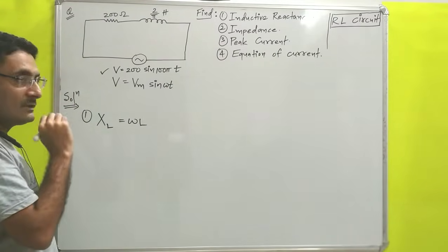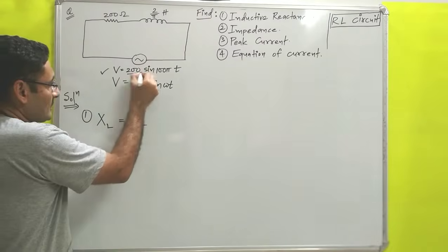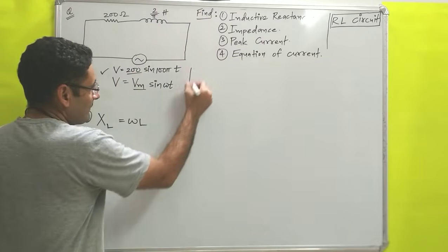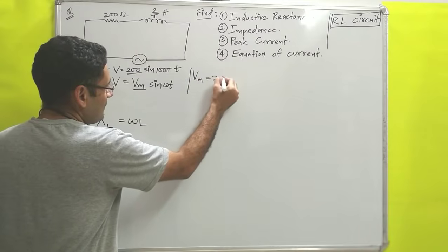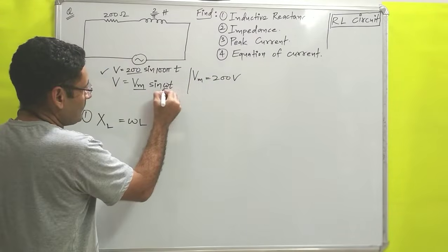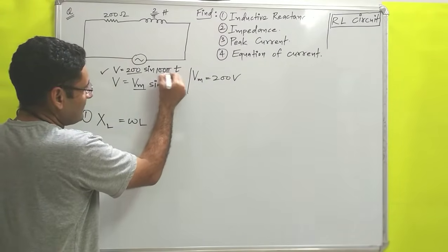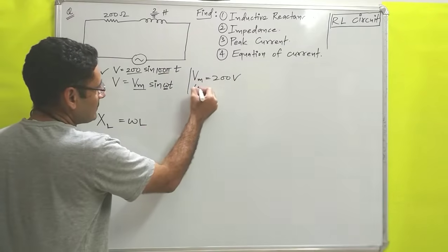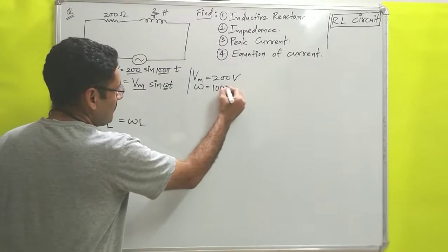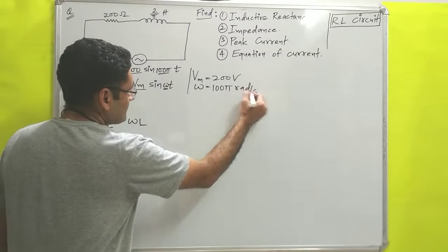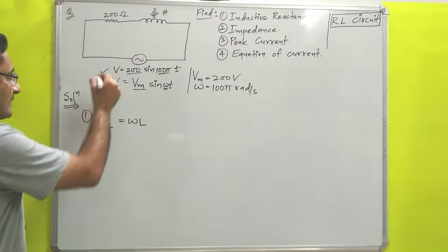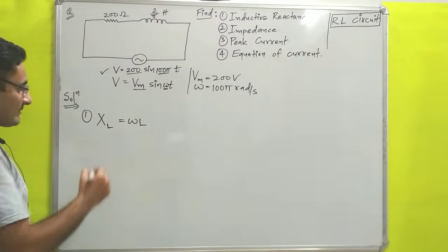Okay, now how will we compare both? Over here, Vm is equal to 200 volt. Then omega t is 100 pi t, so omega is 100 pi radian per second. So that much data we can find by comparing both equations.